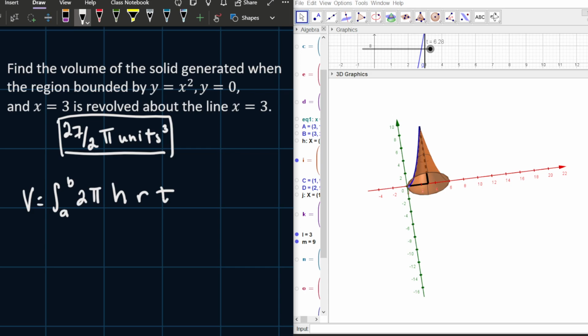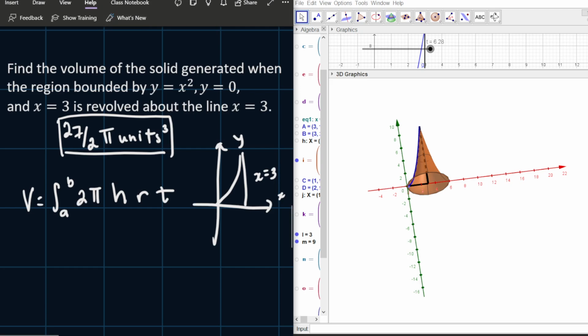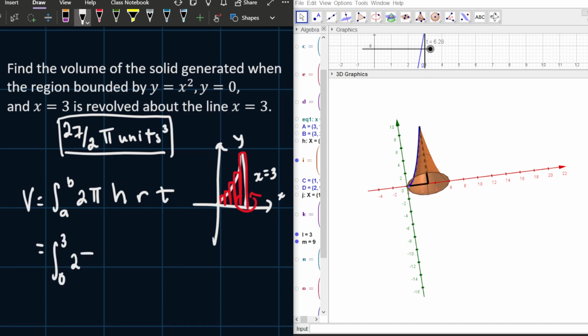Now, yung ating graph would look something like this. I-revolve natin about the line x equals 3. So, we're going to again make use of vertical rectangles. Okay, with that, makukuha na natin yung limits of integration 0 to 3, 2 pi.